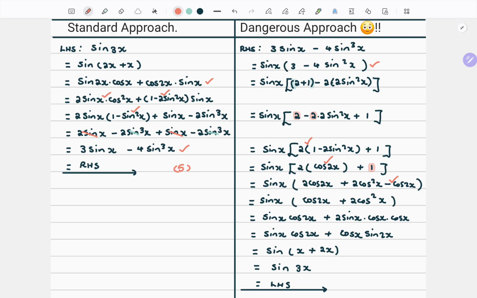But where it matters the most is when we use our identities here to get this answer. Using identities to get to that answer became important, and contracting this using identities again, when we contract an expanded identity, that's very, very good.